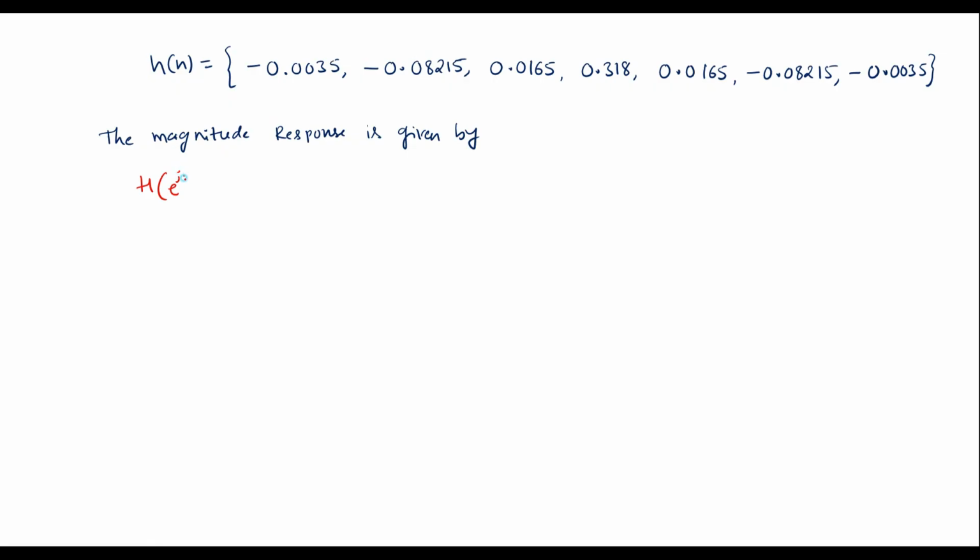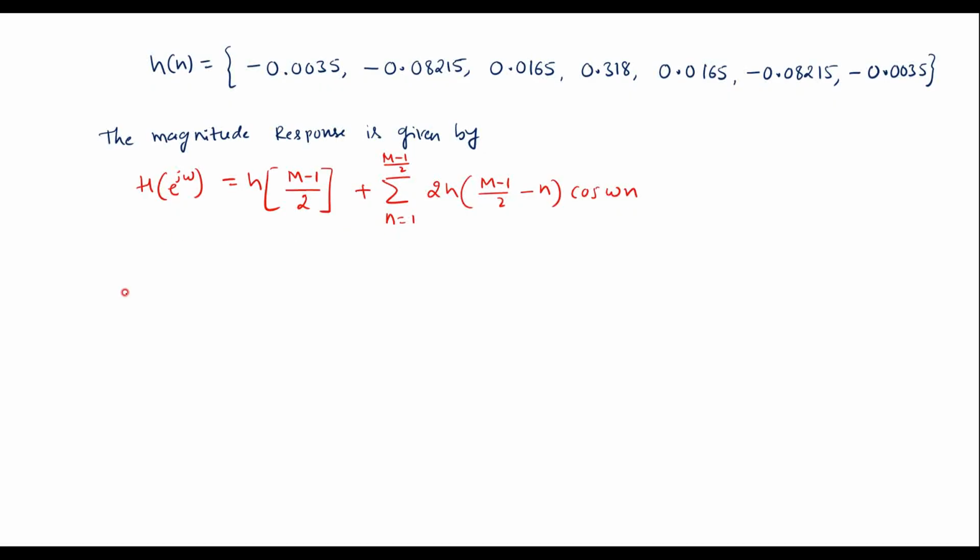H of e power j omega is equal to h of (m minus 1) by 2 plus summation n is equal to 1 to (m minus 1) by 2 of 2h of ((m minus 1) by 2 minus n) cos omega n. So one should remember this formula.